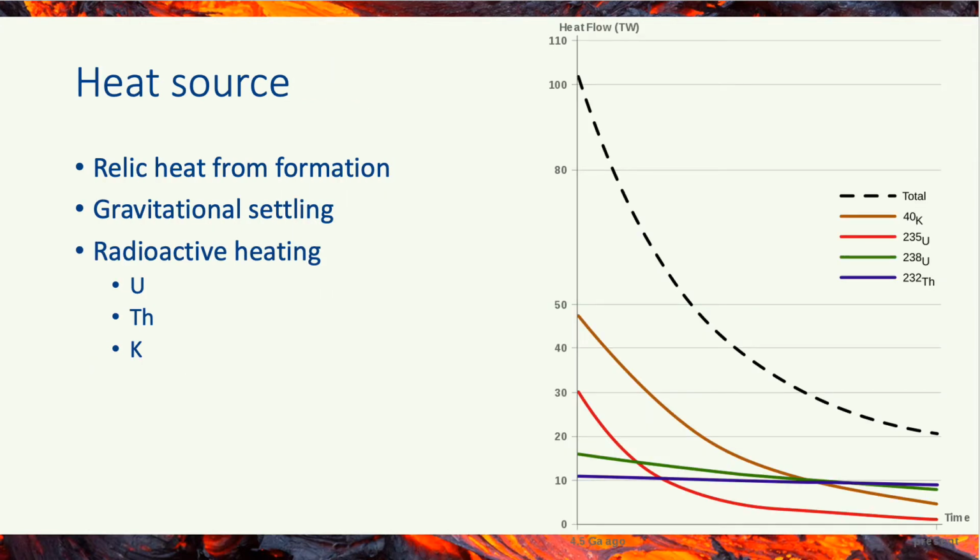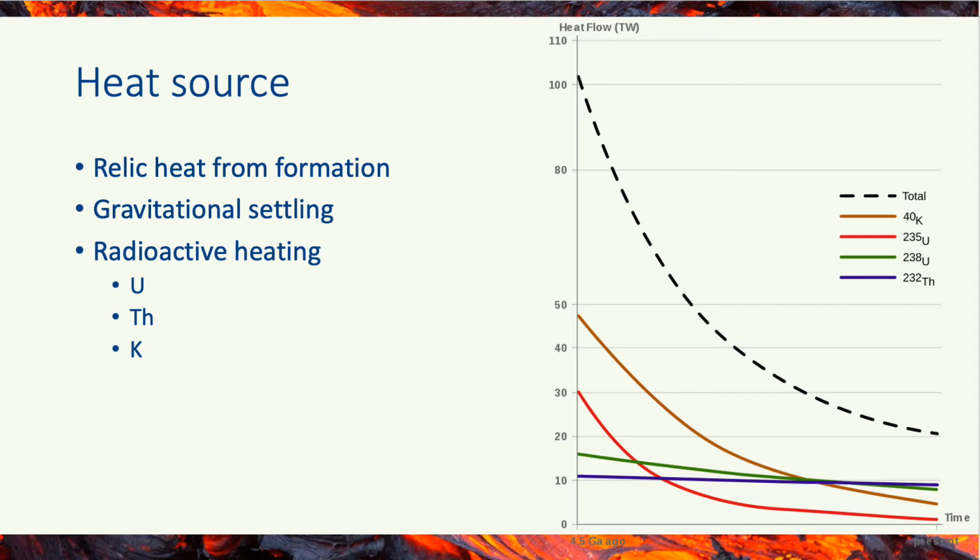So to describe and understand plate tectonic processes, we need to first of all understand what's going on within the Earth in terms of generating heat. And there's three main components to the heat within the Earth.